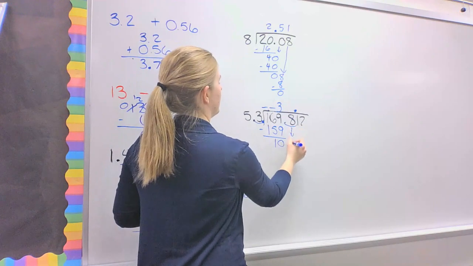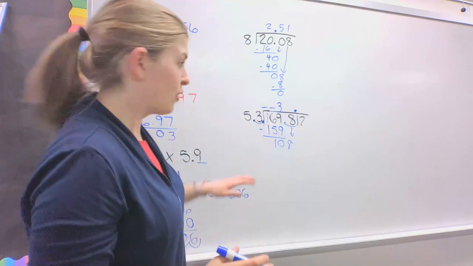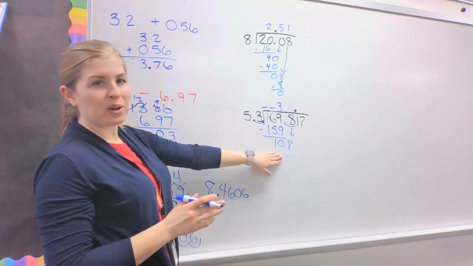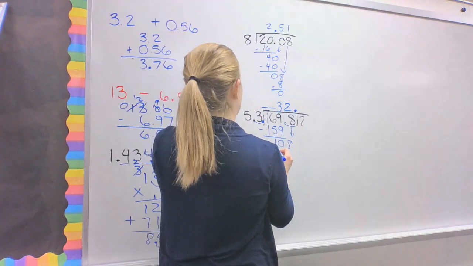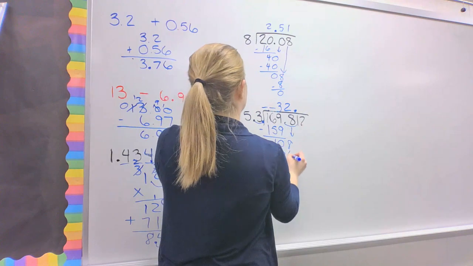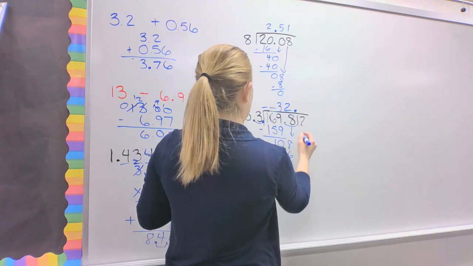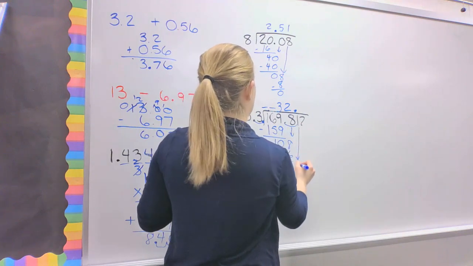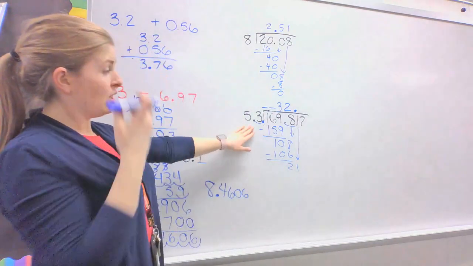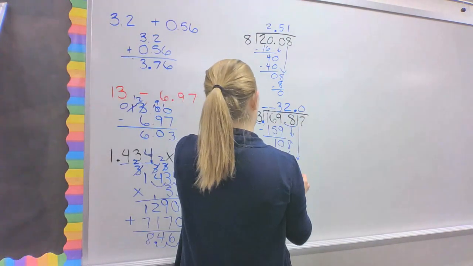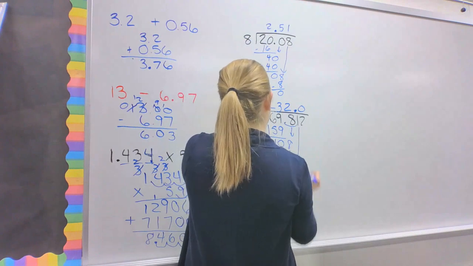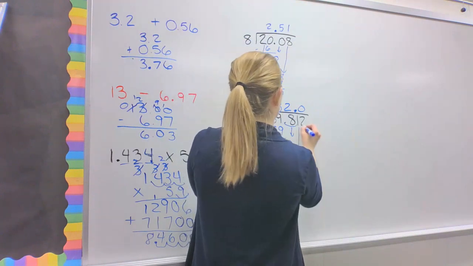Subtract. Probably should use a calculator to confirm this, but 53 goes into 108 2 times. That would be 106. And then bring down the 1. 53 goes into 21 0 times. So now we're going to bring down our 2.